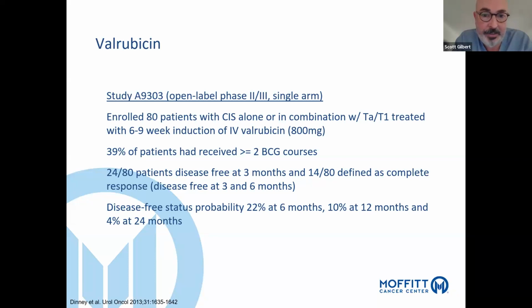About 40% of patients had received 2 prior BCG courses, so it could be considered BCG unresponsive according to the new definition. And only 24 out of 80 were disease-free at 3 months, which is a common threshold outcome target for these types of trials.